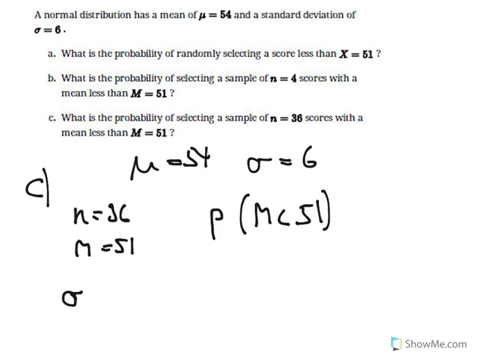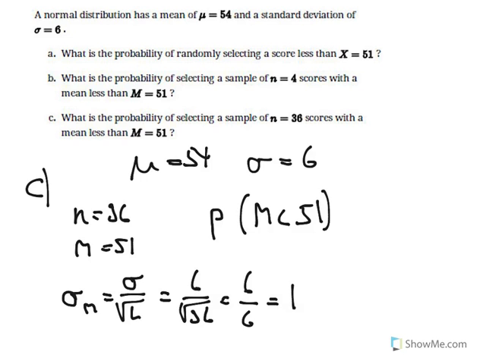So our standard error of the mean formula was the standard deviation over the square root of n. So standard deviation is 6, but now we have 36 people. 6 over 6, so now we get a standard error of 1.